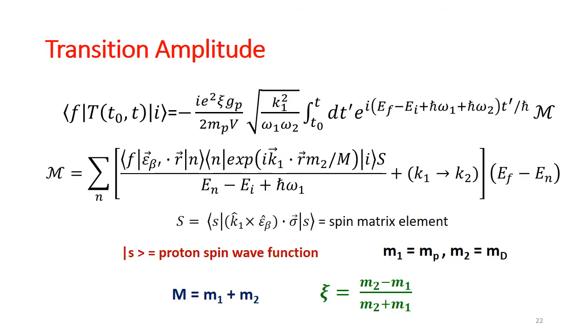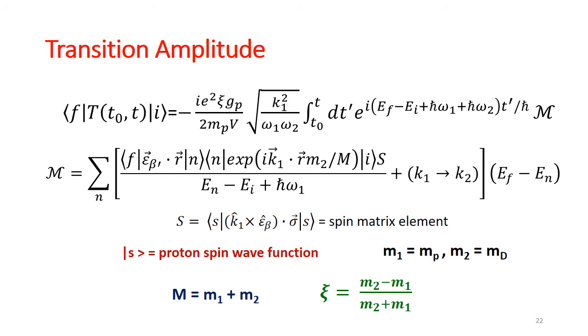So the detailed formula for the transition amplitude can be written as follows. Well, this is an E squared process. There are two electromagnetic interactions involved. Here Gp is the magnetic moment of the proton. And so we end up with such a result, which contains all the matrix elements, the amplitude.